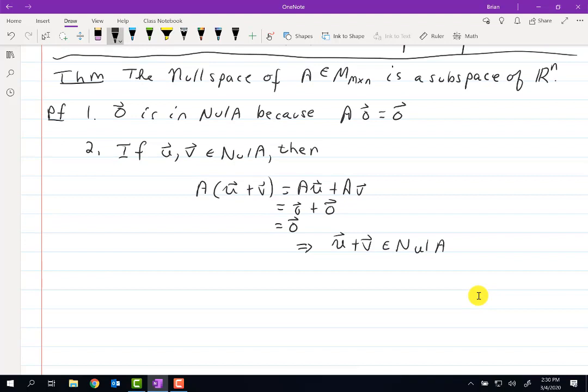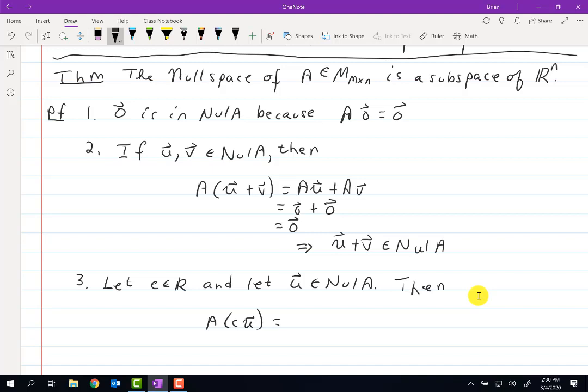And finally, let C be a real number, and let U be in null A. Then, if I take A times CU, you can actually pull that C all the way out front. I want you to think about this for a second. Because you can multiply on the right or the left by a constant, it's not going to matter.